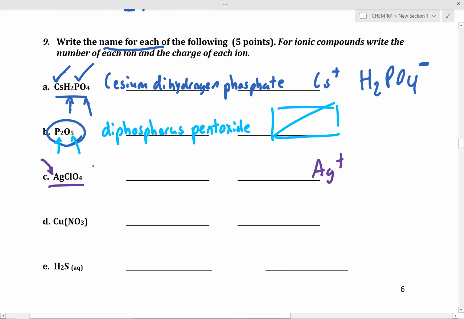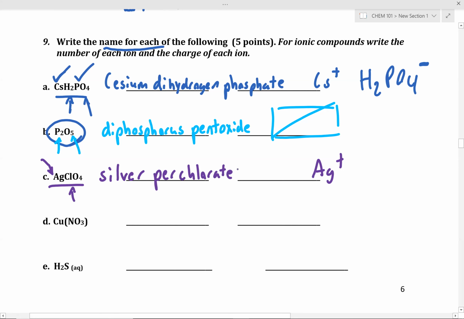So then we're going to name this just like your typical polyatomic ion containing ionic compound. We write the name of our cation, which is silver. Do I need to specify the charge for silver? No, it's a fixed charge transition metal. What do we call ClO4? Perchlorate. So this would be silver perchlorate.